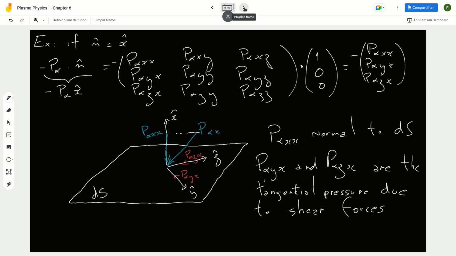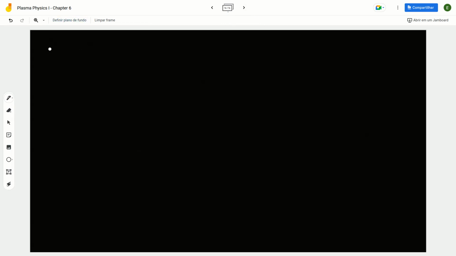Okay, now there's an interesting result related to this. Let's think about force per unit volume.